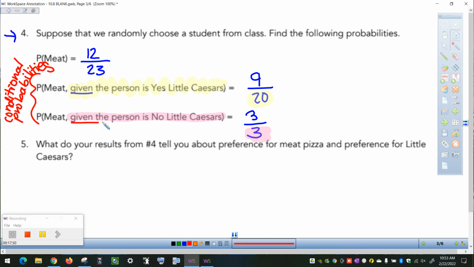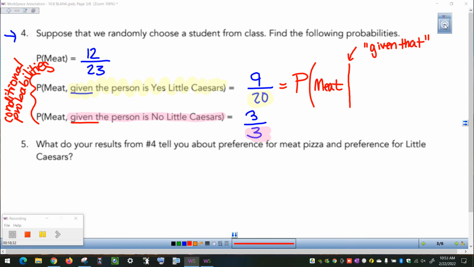Initially, we have this written out in words. I want to show you off to the side over here mathematically how a conditional probability could look. Looking at this first scenario, that 9 out of 20 would be the probability that a randomly selected student prefers meat. Now, instead of saying given that, we're going to draw in a vertical line. Let's make a little note off to the side that when we see that vertical line, it means given.